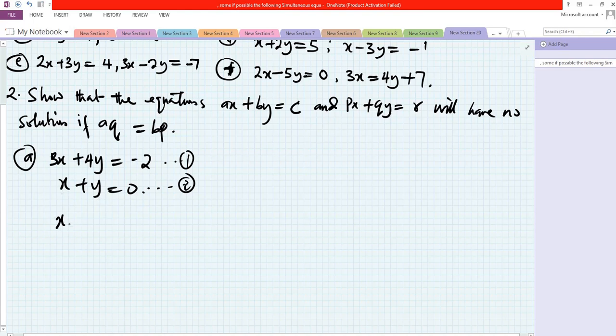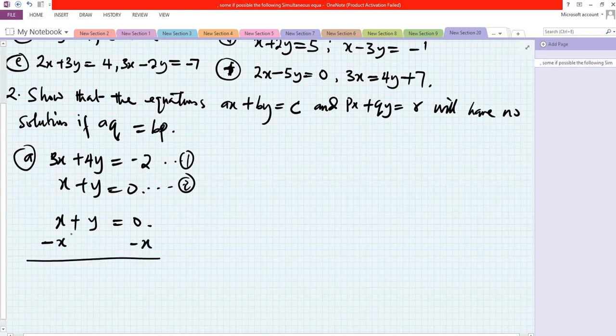So now let's write down equation 2. I want y to be on the left hand side. So what I will do, I will add minus x on both sides.